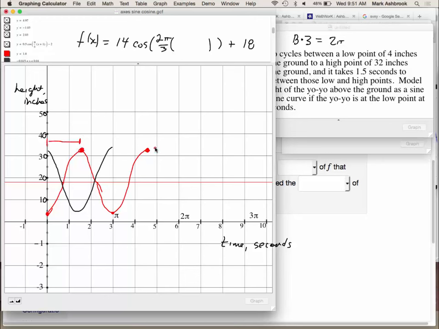Behind by, it's coming later, right? So the unshifted cosine cycle starts, then later, coming behind, 1.5 seconds later, the cosine starts. So we could do x minus 1.5.